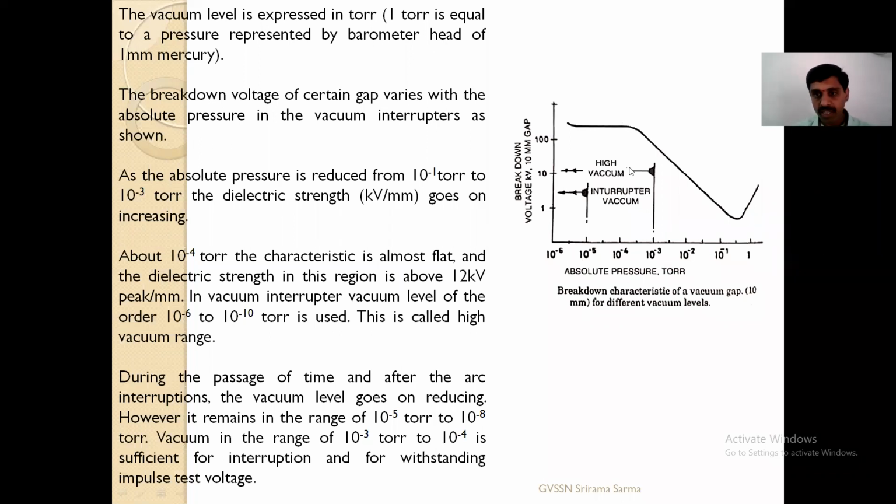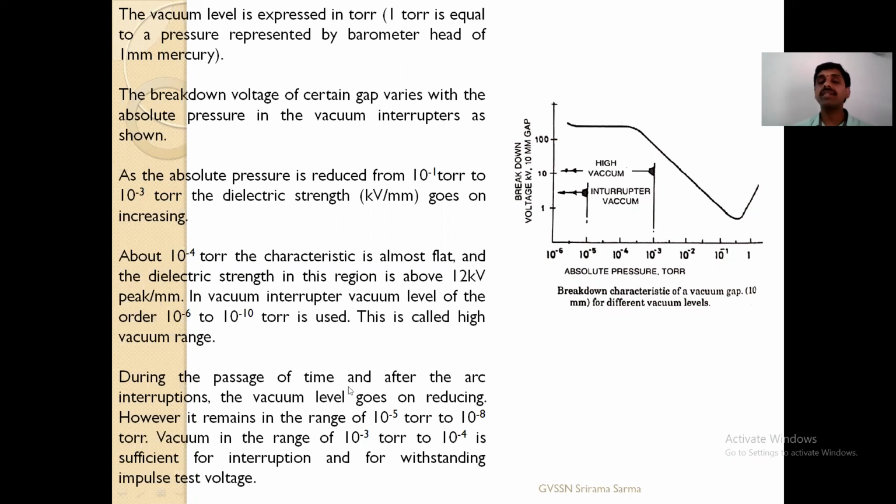At about 10 power minus 4 torr, the characteristic is almost flat, and the dielectric strength in this region is about 12 kV peak per mm. The vacuum interrupter is at a vacuum level of the order of 10 power minus 6 to 10 power minus 10. That means very, very low pressures are possible. This is called the high vacuum range.